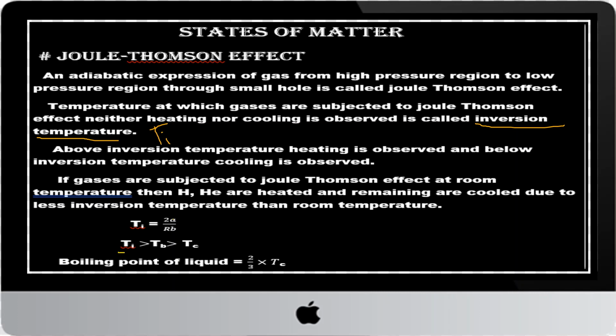You should remember it as a direct line. The boiling point of liquid is equal to 2 by 3 times the critical temperature TC. This is the relation between the boiling point of liquid and critical temperature.